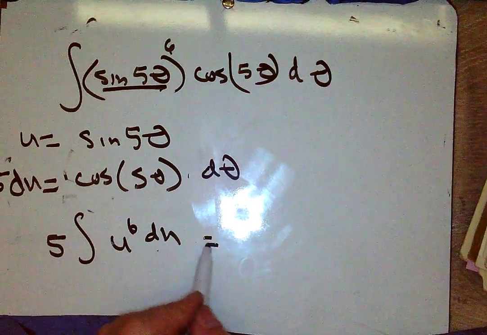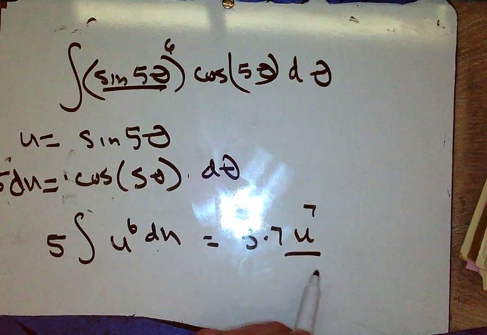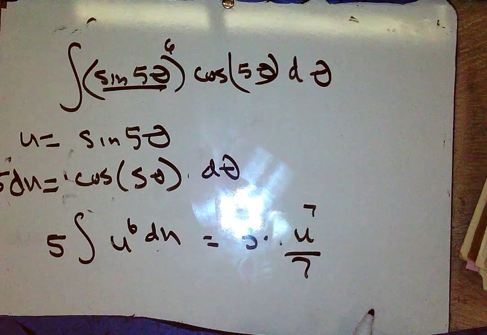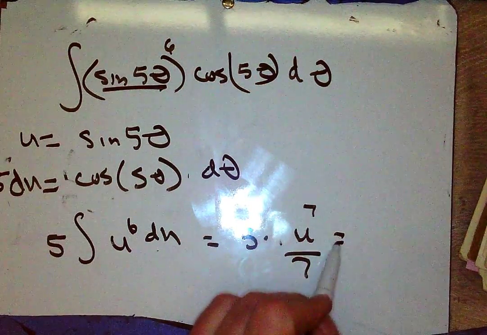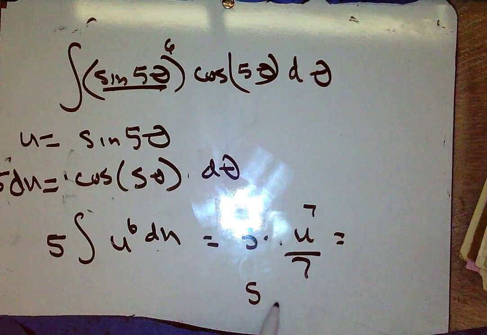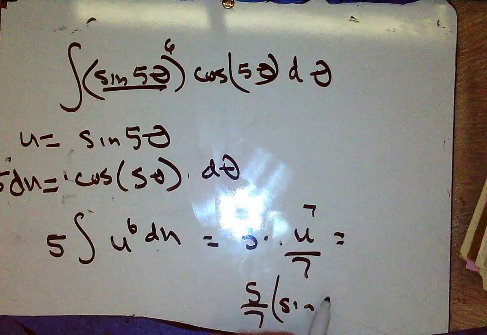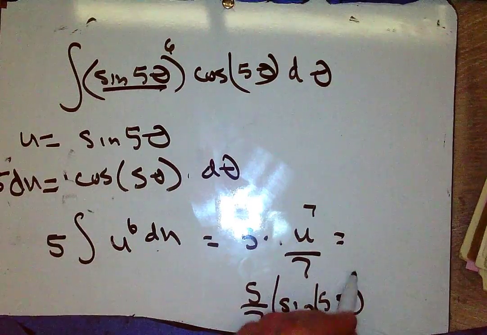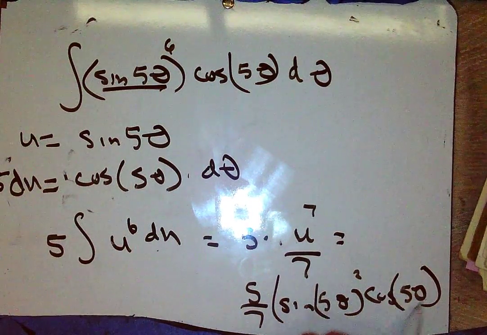So that's going to be 5 times 7 e to the 7th. No. Yes. And so that's going to be 5 sevenths sine 5 theta cosine 5 theta.